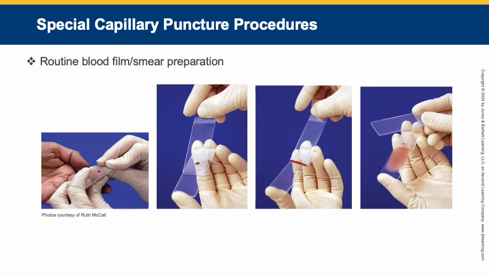I want you to look at pages 383, 384, and 385. Those three pages in your book are procedure 10.5. This gives you the steps when you perform a capillary puncture to be able to do a blood smear from a capillary puncture.